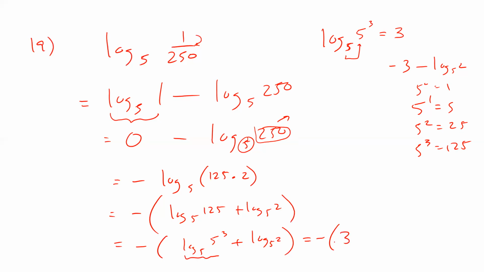So 3. So whenever you see this here, let's kind of write this in. So I think this is one of our properties, isn't it? Log base b to the x is just x. So 3 plus log base 5 of 2, and now we put in the negative here. So -3 minus log base 5 of 2. Voila, love it.